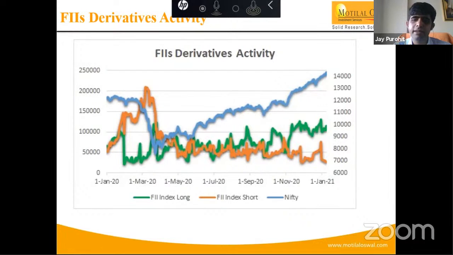But despite the long short ratio being so high, they continued their buying streak in equities, and in futures also they maintained their long positions, and the index has rallied by around 1,000 points after that as well. Right now, at the end of December expiry, the long short ratio remained around 75%. So it clearly indicates that they are net long in derivatives as well.